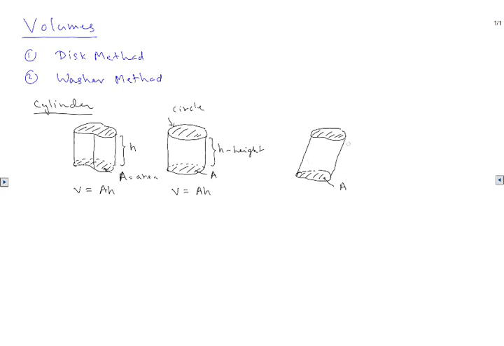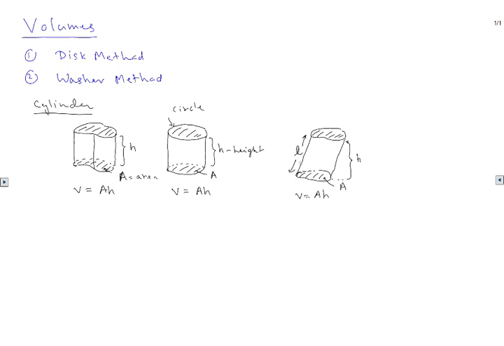We can take the height like this. So this is the height. You can see it's slightly different. The height is the distance between two parallel planes. Again the volume is AH, but this H is not L. L is like this one. So it's not L, it is H.